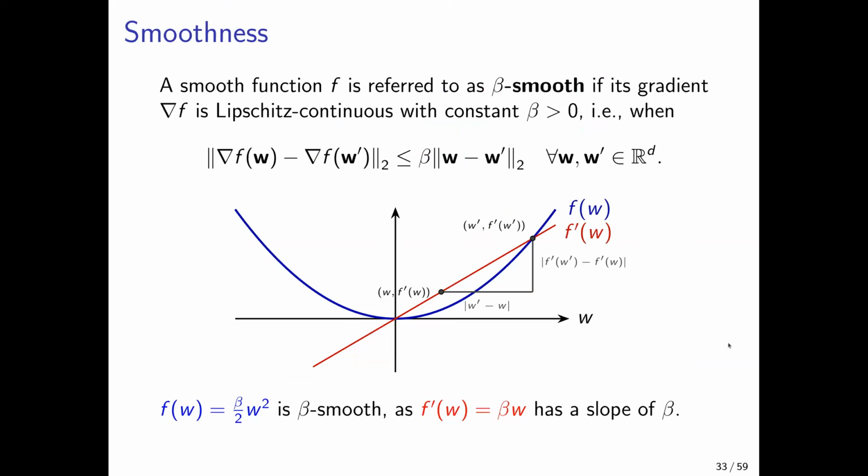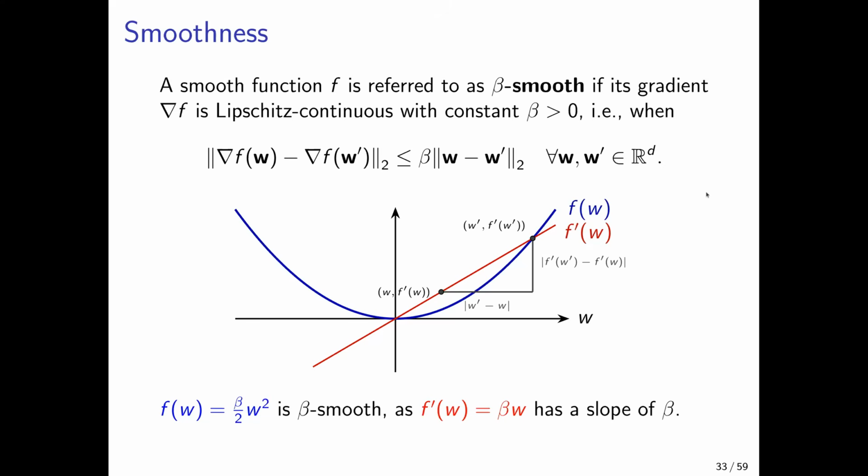And besides convexity, we also need some smoothness assumptions. We say that a smooth function is beta smooth if its gradient is Lipschitz continuous with this Lipschitz constant beta, whenever this condition here holds for any pair of points w, w prime.